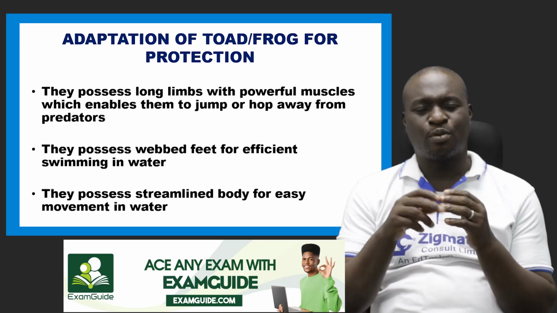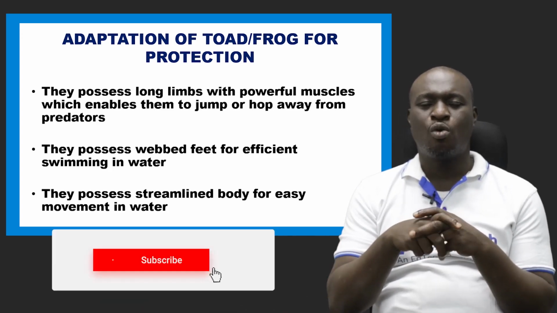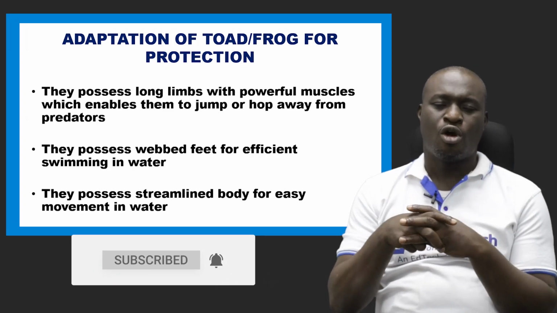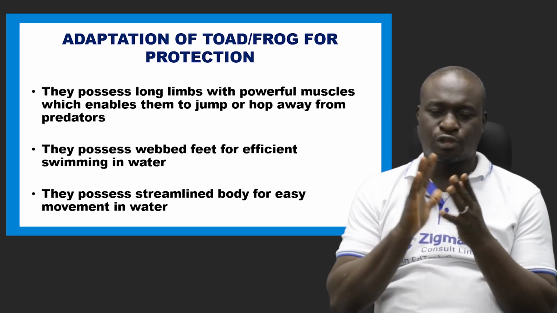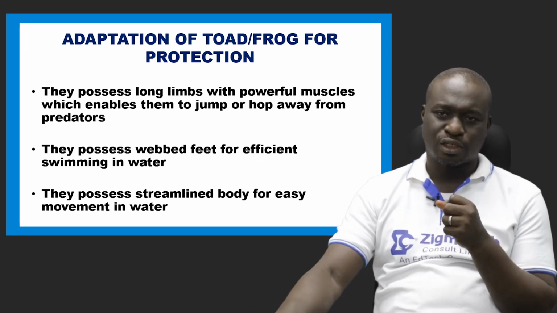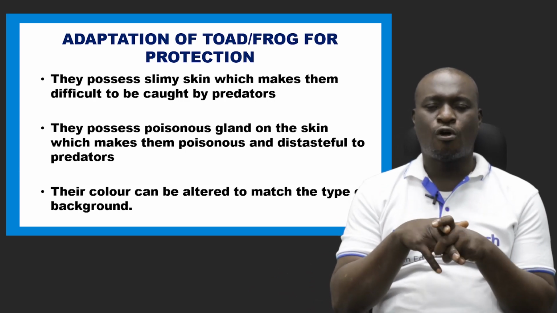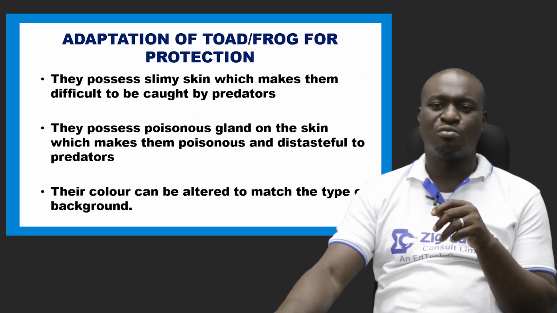And then finally, they possess streamlined bodies for easy movement in water. So these are three important adaptive features of toad for movement.